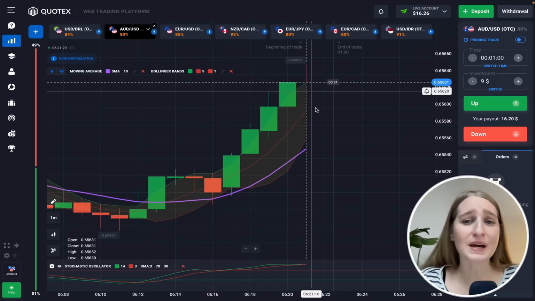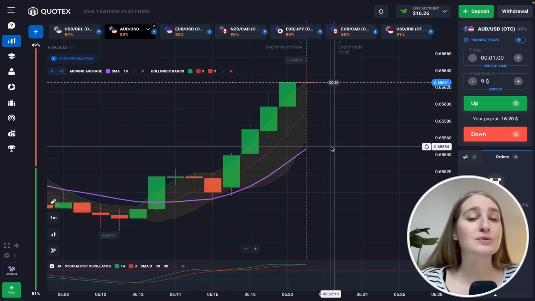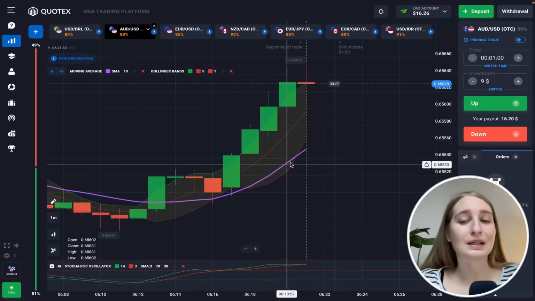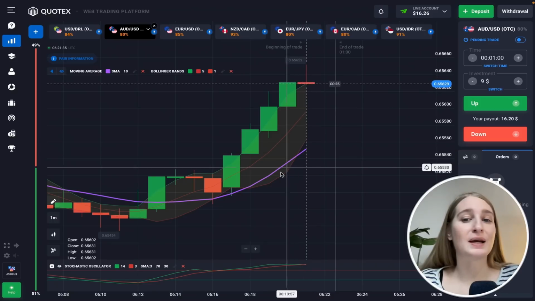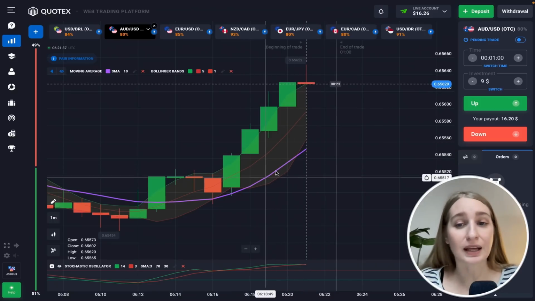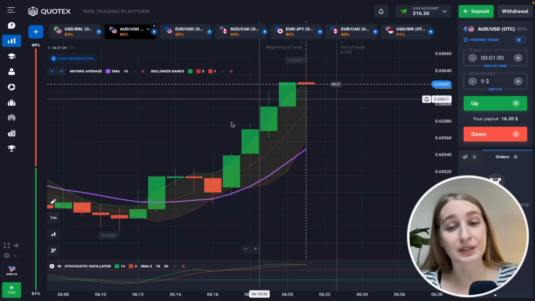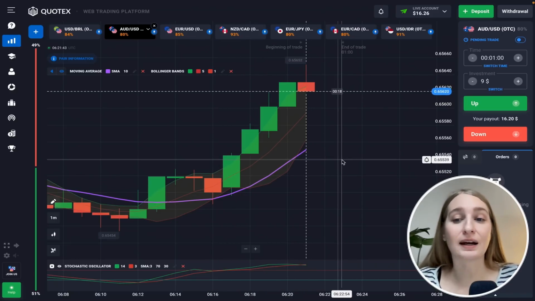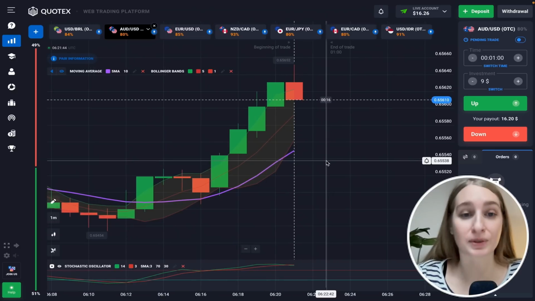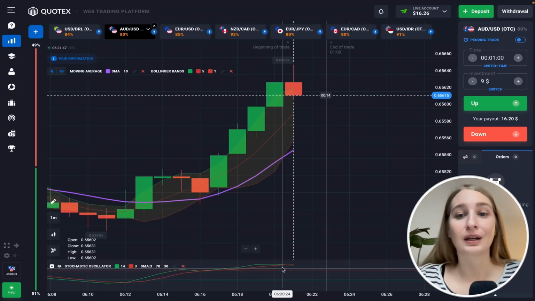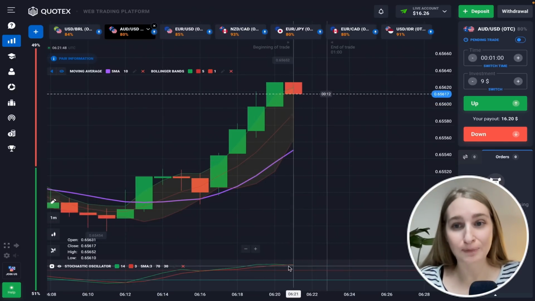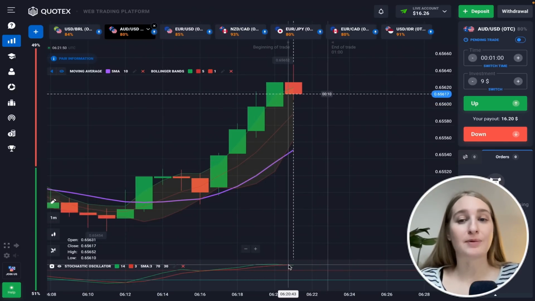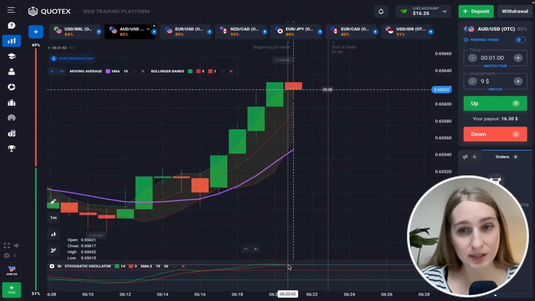Also you see that the moving average line is going up pretty well, and all bars are above the line of the SMA indicator. Of course, the stochastic oscillator showed me the 2 lines on the upper border area, just here. Really happy about it. So guys, after 2 trades I'm already at $16.